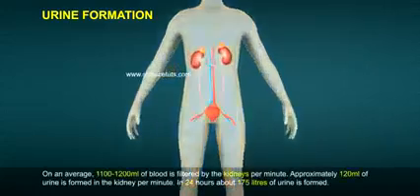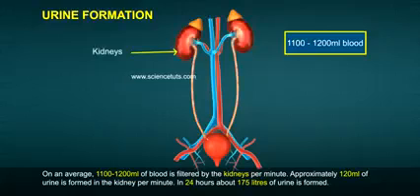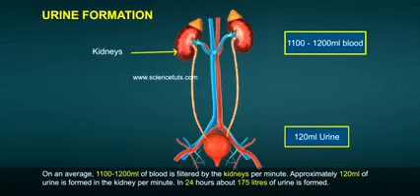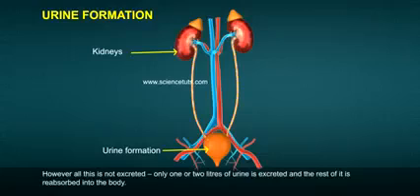On an average, 1100 to 1200 ml of blood is filtered by the kidneys per minute. Approximately 120 milliliters of filtrate is formed in the kidney per minute. In 24 hours, about 175 liters of filtrate is formed. However, all this is not excreted.